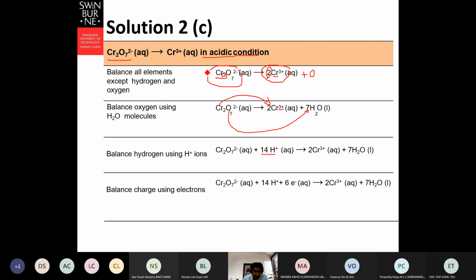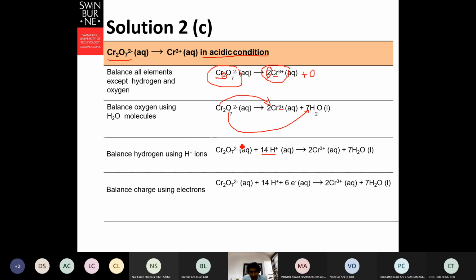In acidic conditions, so I do not have to bother where it comes from. It is an acidic condition. So 14, 140, 1040, whatever number of hydrogen I need, the acidic condition should be able to provide me. So the 14 hydrogen ions, we just added. I don't have to bother about the source.